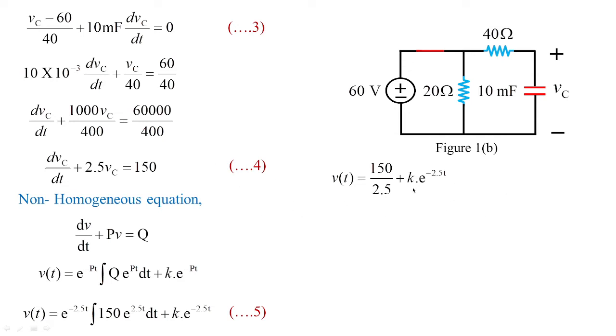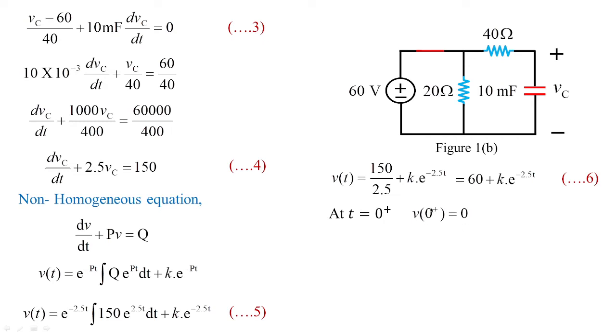Now we can determine easily the value of k. K can be determined from initial conditions. So this 150 by 2.5 gives you the value as 60 plus the constant in terms of e to the power of minus 2.5t. So equation 6, we don't know the value of k. So k can be obtained from initial condition at t equal to 0 plus.